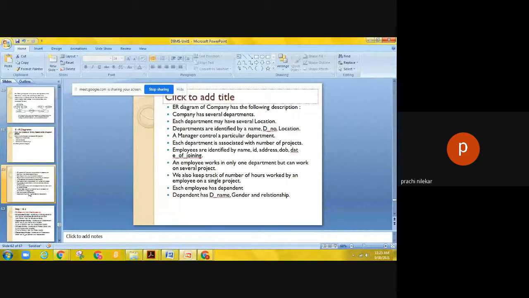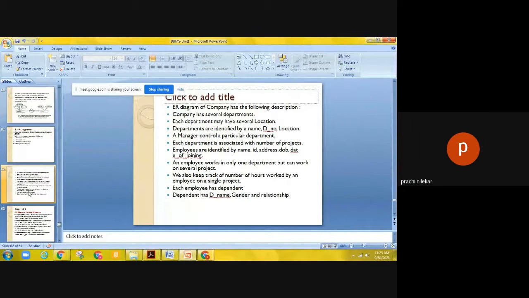The company has several departments. Each department may have several locations. While I'm reading, try to analyze the entities. First of all, try to find out the entities in each and every statement. The company has several departments.